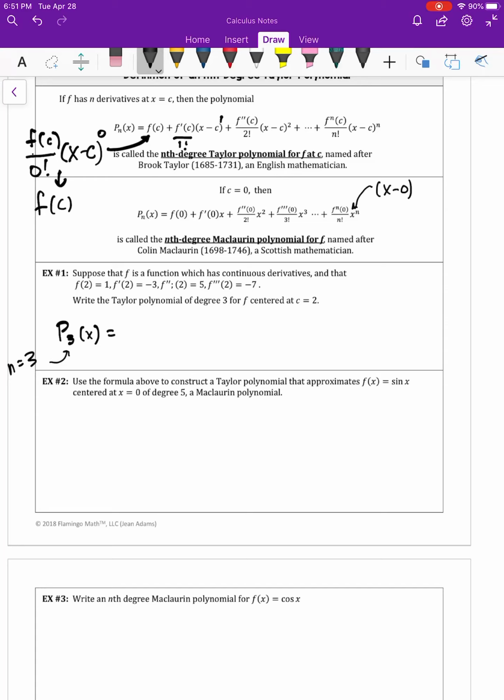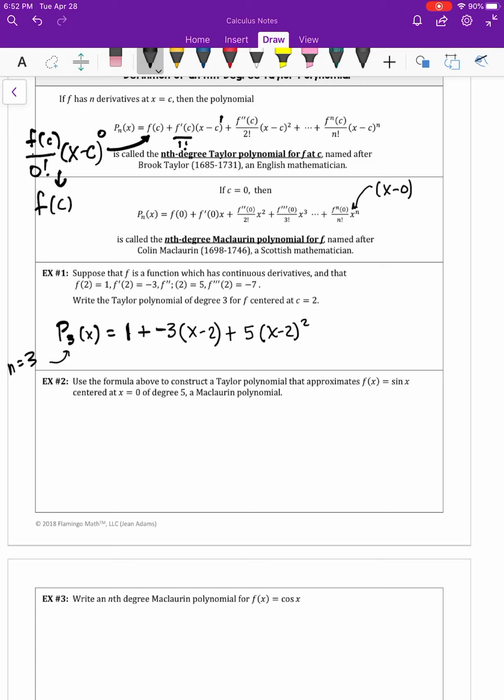And so the first thing you're going to look at is your f of 2. And that is 1. And then plus, you've got your f prime of 2, negative 3 divided by 0 factorial, divided by 1 factorial times x minus c, which would be x minus 2. And then plus, we've got f double prime at 2.